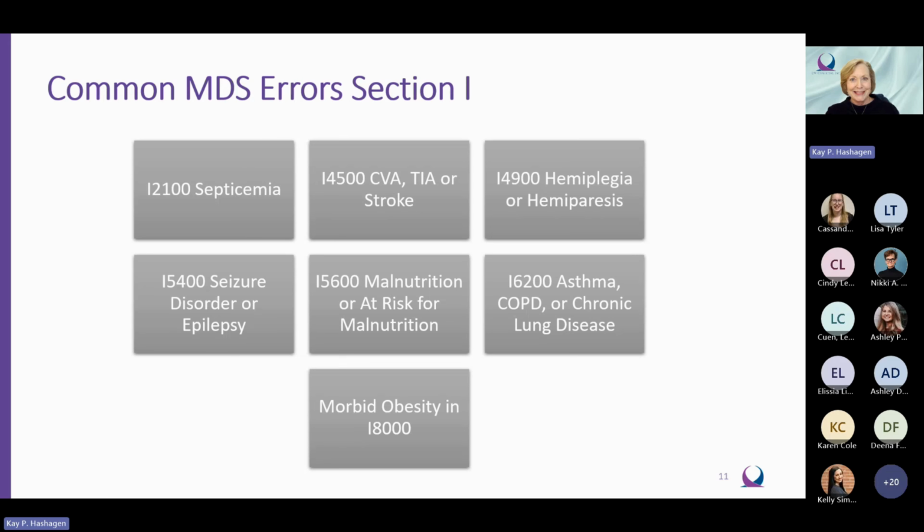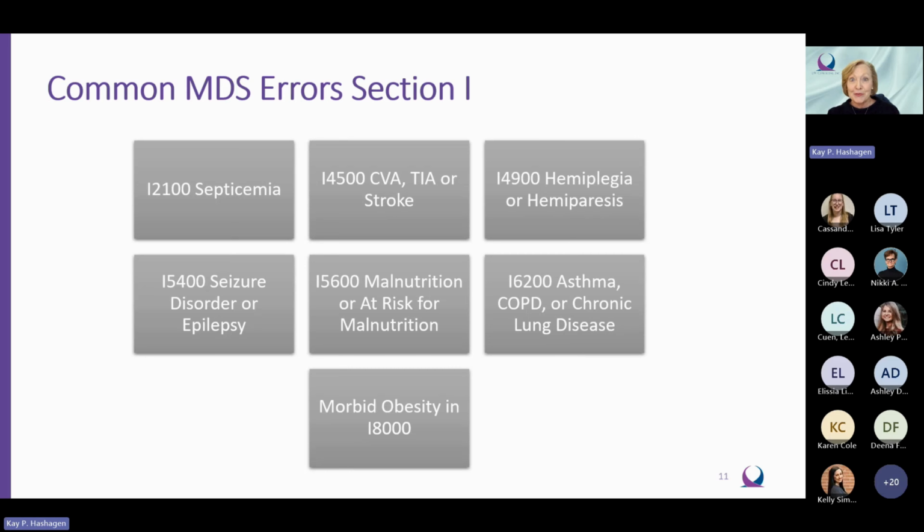There are a lot of ICD-10 codes that relate to some type of seizure disorder or epilepsy, but really only one of them gives you an additional NTA point, and that one is included when there is intractable epilepticus. So just make sure that the documentation supports that it is intractable if you are coding that.